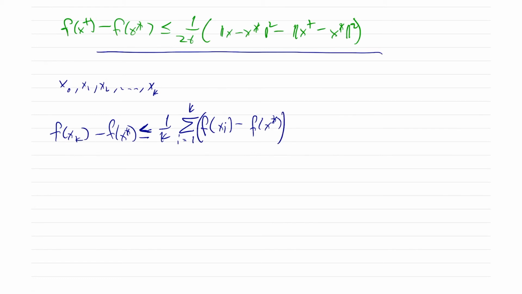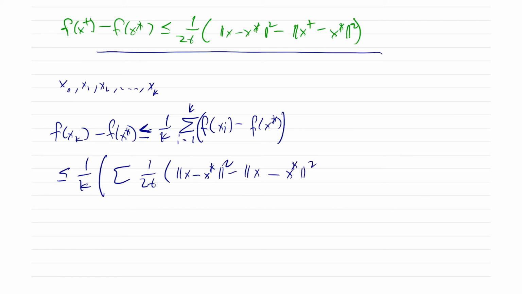So then what we can see is that this is less than or equal to 1 over k times the sum, where we replace this with 1 over 2t times the absolute value of x minus x star minus x plus minus x star squared in each case, but instead we're going to have i minus 1 and i.